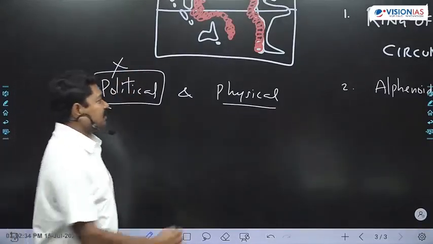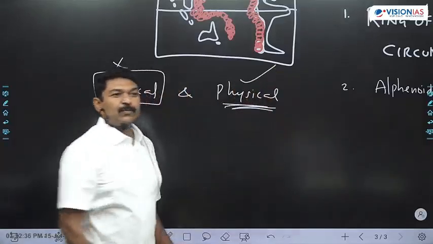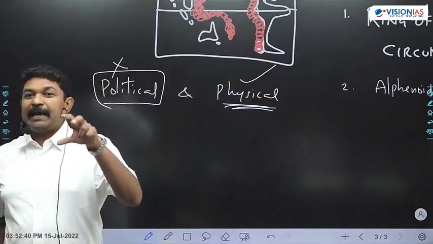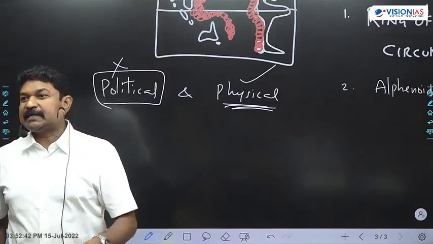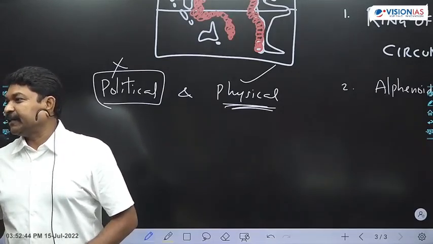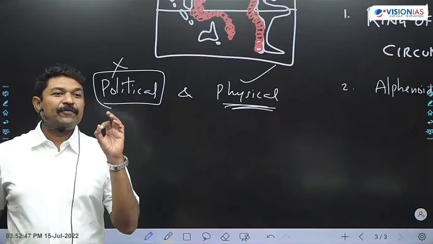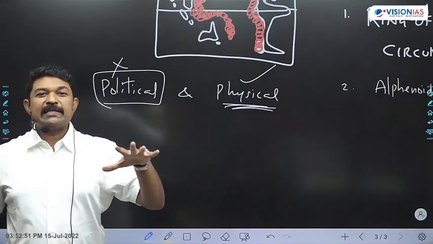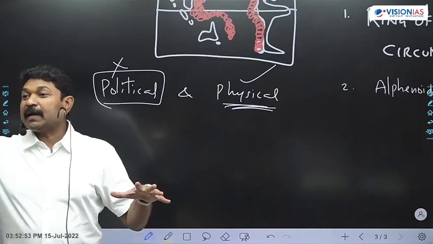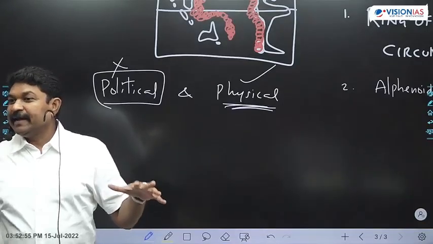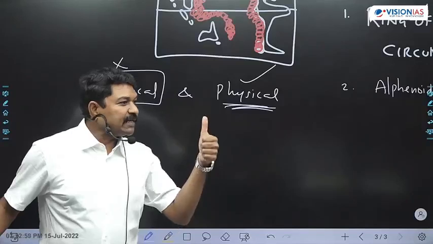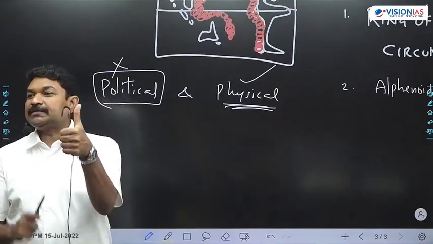What is our task? Since we are in physical geography, identifying the physical entities on the map is our task. Is it clear? What do you mean by the physical map? The physical map is the one which is representing not the countries, the political divisions, but the physical divisions, like mountains.